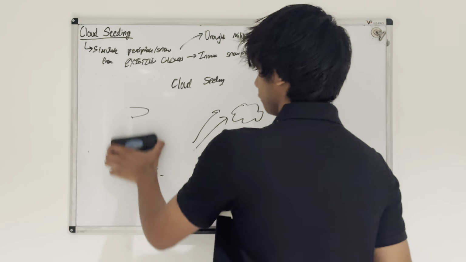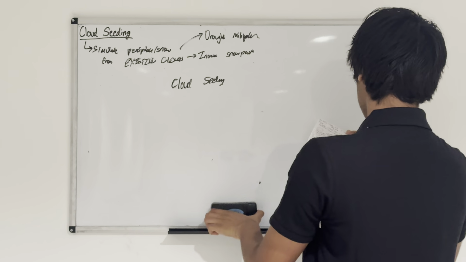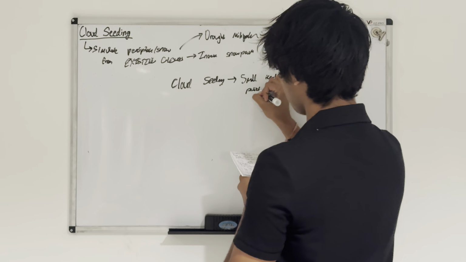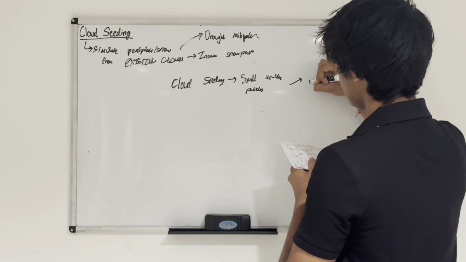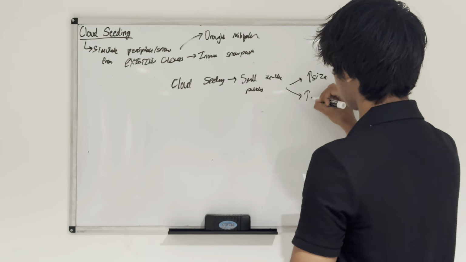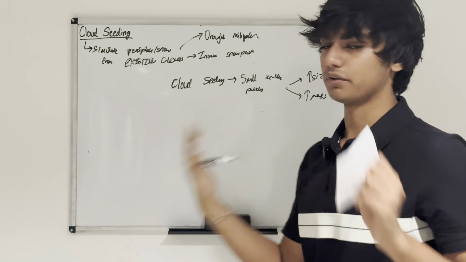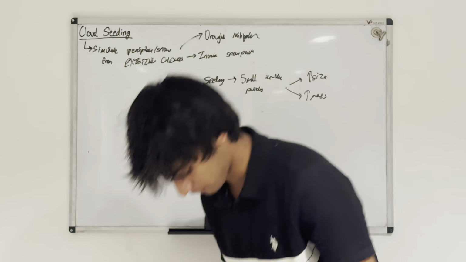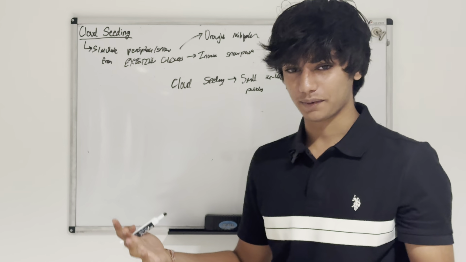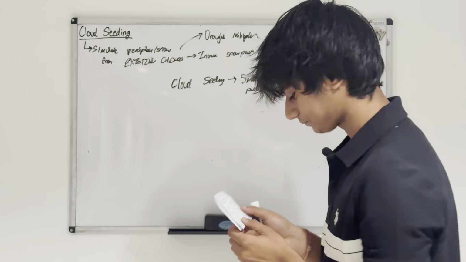So cloud seeding, how does it actually work? Cloud seeding uses these small ice-like particles to increase the size and mass of droplets. Again, we need to increase the size and mass in order for them to fall down as rain or snow onto the ground.